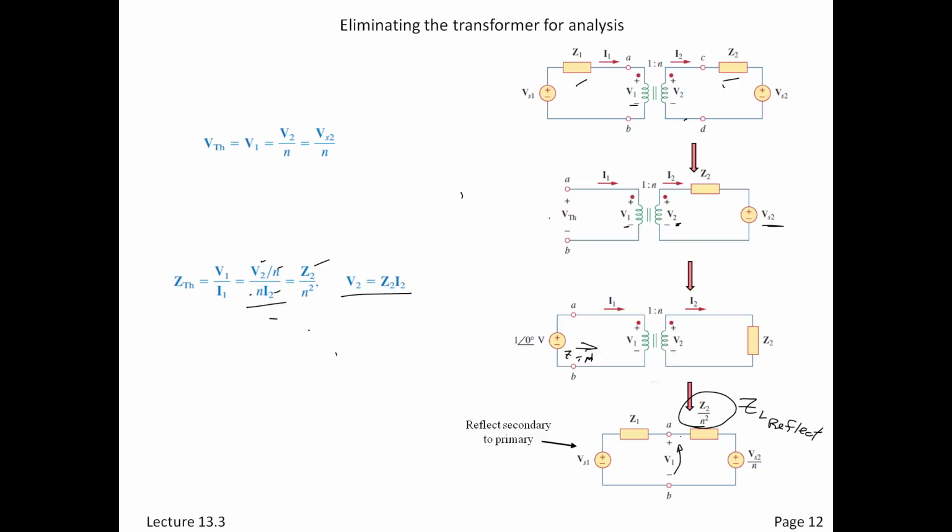The same process can be used with a unit source on the output or the secondary side. And we can go through all that analysis and reflect the primary into the secondary, right? And as you would expect or hope, here we've got N squared.